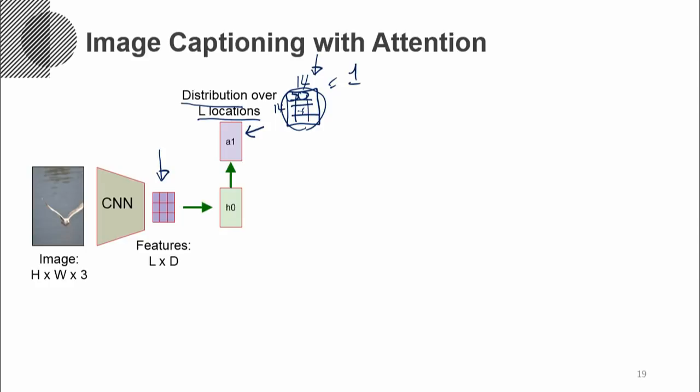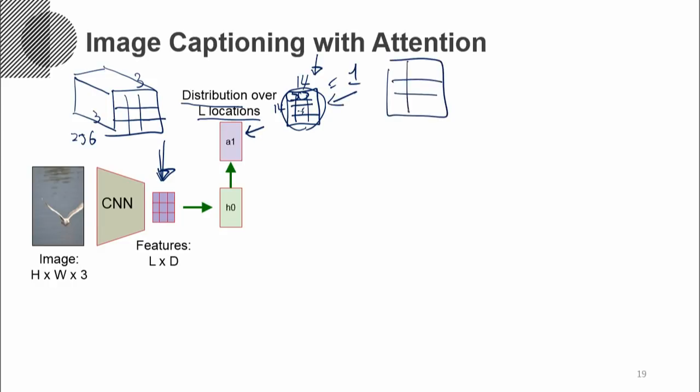So let's simplify our activation map to maybe 3 by 3, and then we will have a depth of maybe 256. And suppose this A1 was 0.1, 0, 0.2, 0.1, 0.1, 0.5, 0, 0, 0.